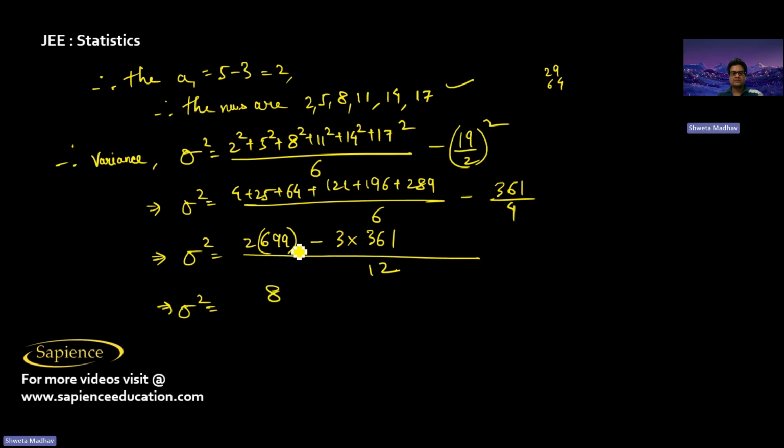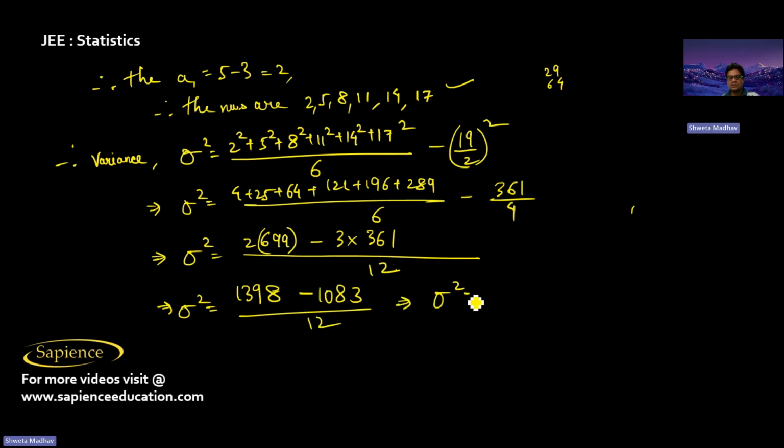So sigma square will be equal to 1398 minus 1083 divided by 12.